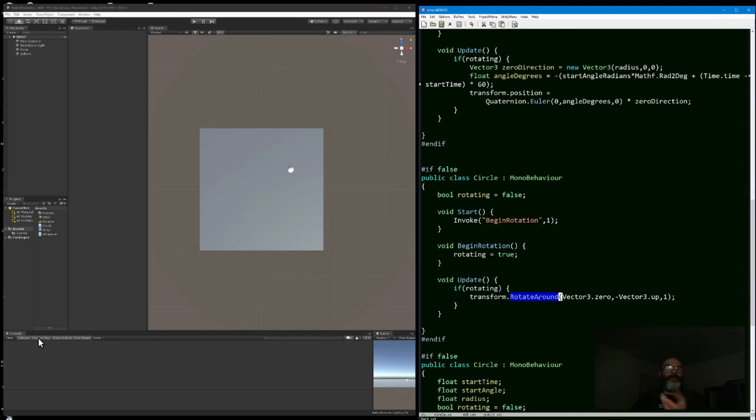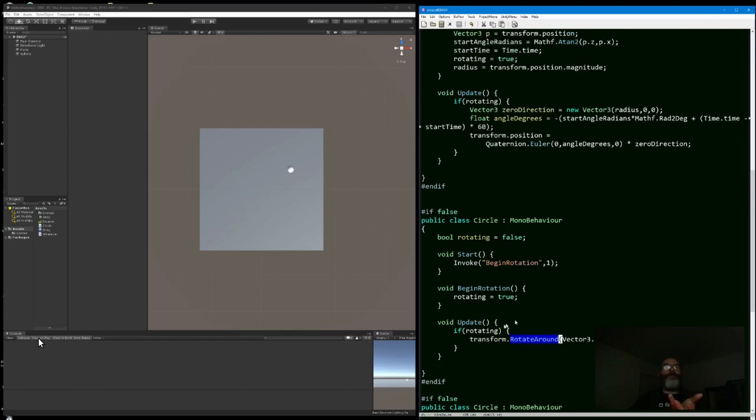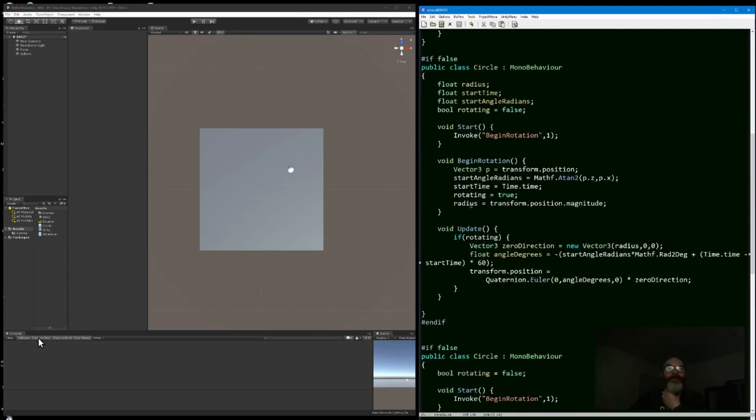So I was looking at whether we can get rid of that and avoid accumulating floating point errors. That became a bit more complicated because I'm having to set the position manually by rotating a reference vector by the number of degrees every frame.